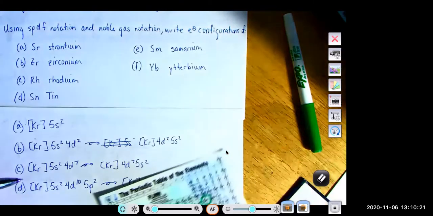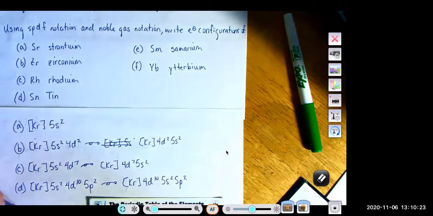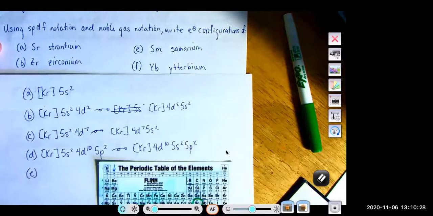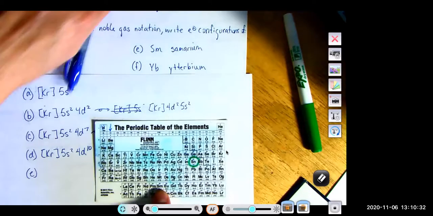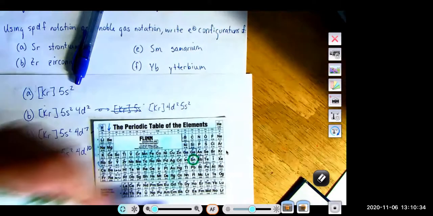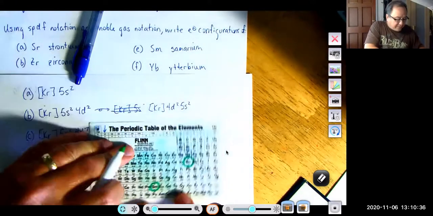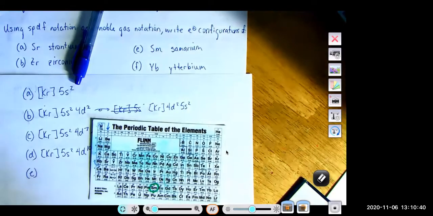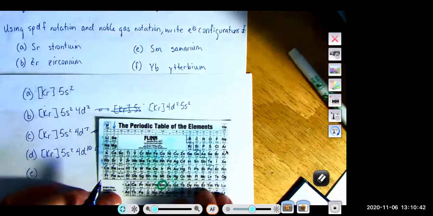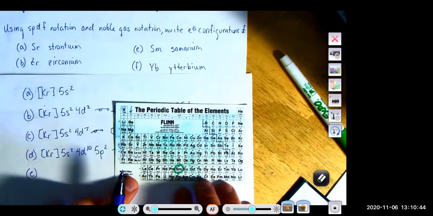How about samarium? Sm. What's Sm? Down here. Okay, that's in the f block. The group starts with xenon, right?